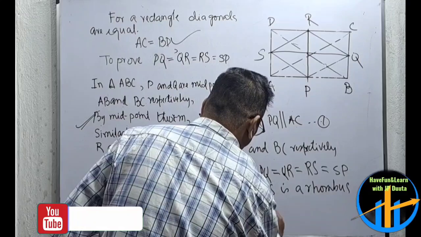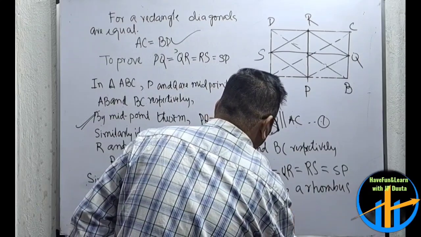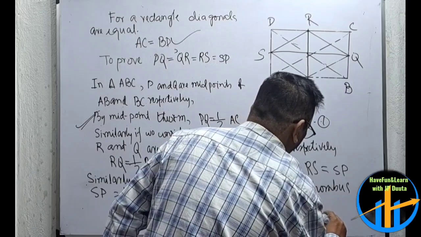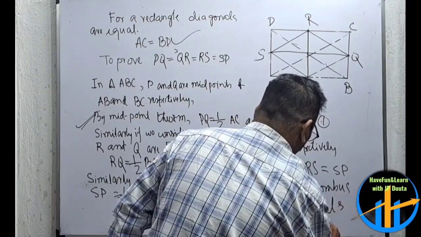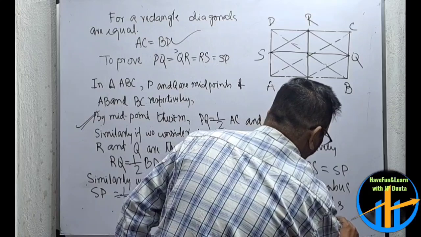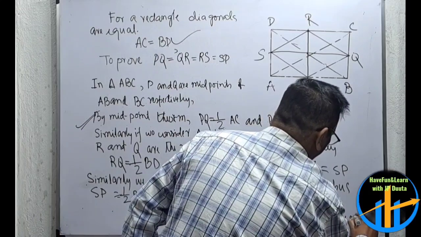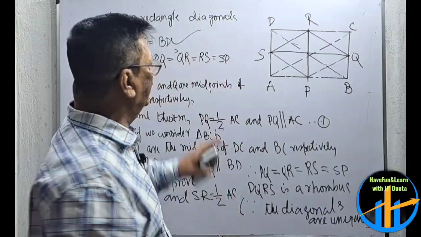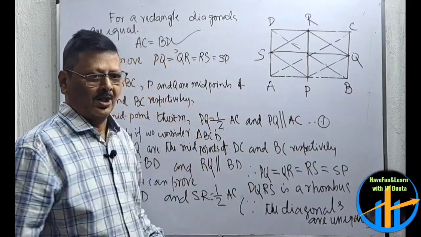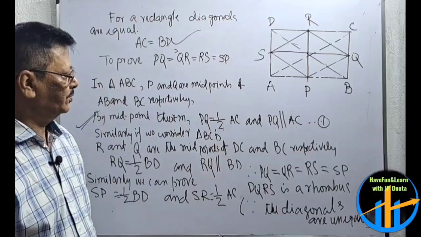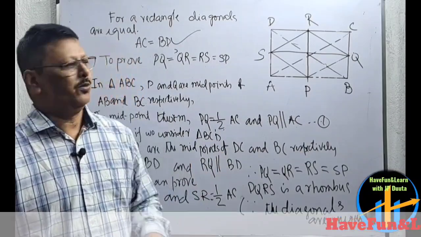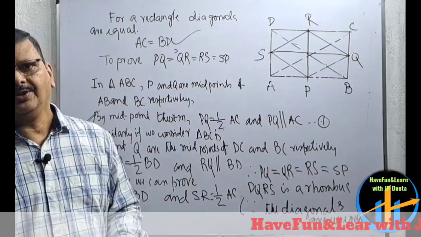Reason? Because the diagonals are unequal. So that is why it is not a square, right? So this is what we had as a good application of the midpoint theorem.